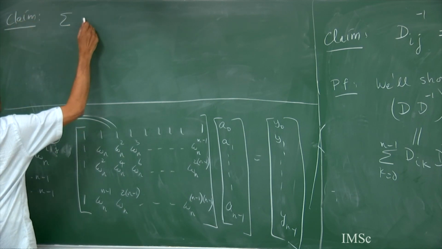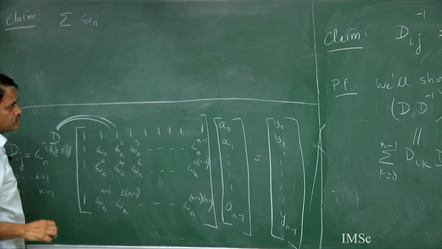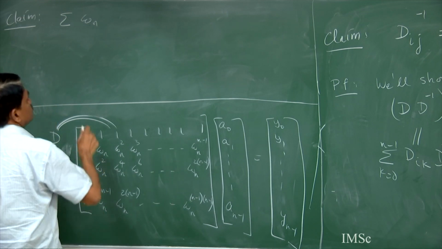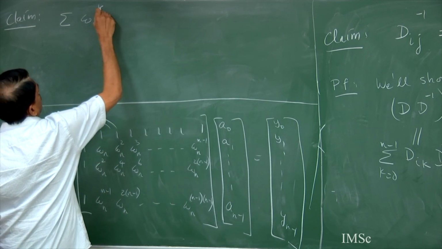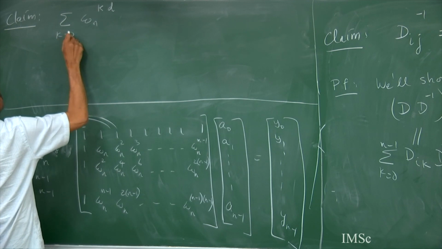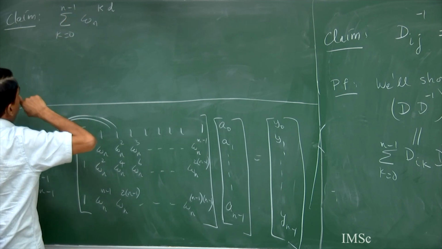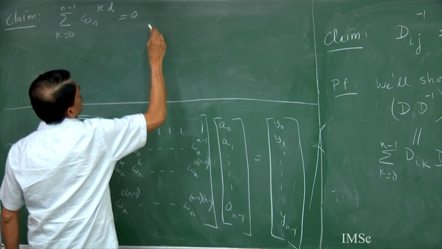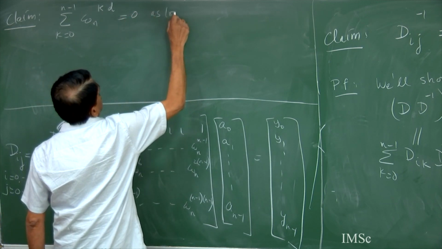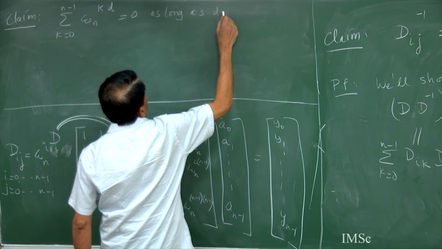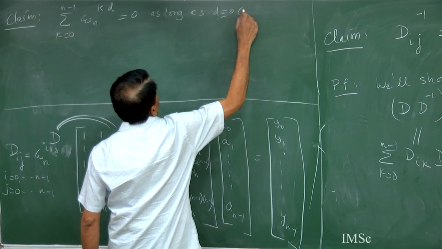The summation of omega n power kd, where k ranges from 0 to n minus 1, is equal to 0 as long as d is not congruent to 0 mod n.